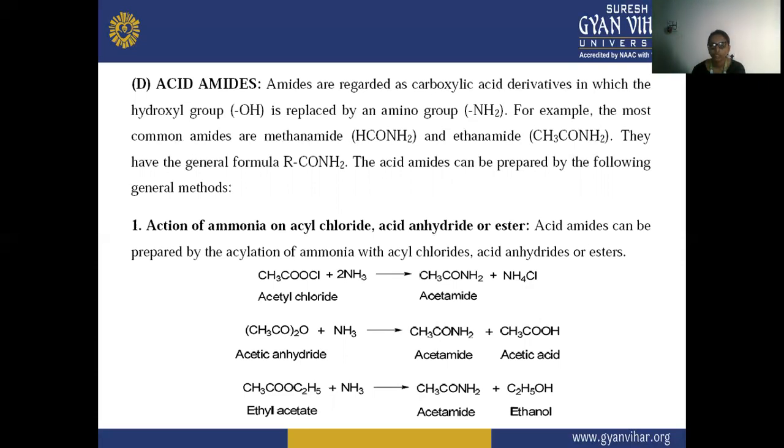So those three methods of preparation have been covered, and now the fourth is your acid amide. Amides are regarded as carboxylic acid derivatives in which the hydroxyl group, that is your OH, is replaced by an amino group, that is your NH2. For example, the most common amides are methanamide and ethanamide. They have the general formula RCONH2. The acid amides can be prepared by the following methods.